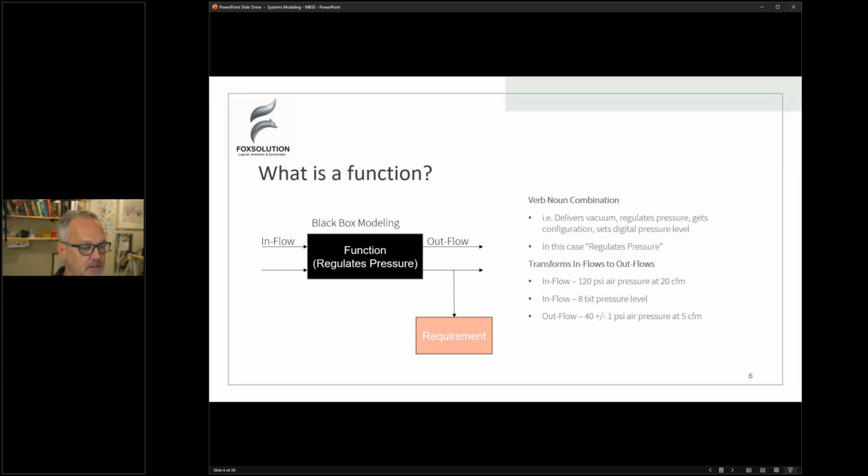Now, because this function currently is deployed in one component of the design, which is the pressure regulator, we don't really need to characterize it fully. What we have is an understanding of where that function's deployed from a discipline standpoint. So when we move to risk management, we can say, okay, this is a mechanical component of the design, and that function needs to be delivered by the mechanical engineer and will be processed through the mechanical FMEA structure.